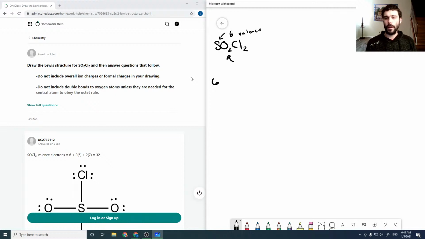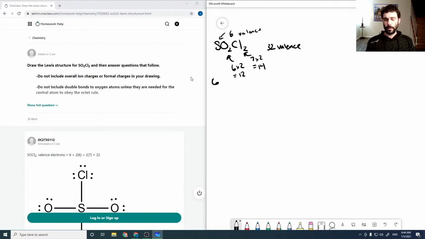Our oxygen has 6 valence times 2 oxygen atoms, so 12. And our chlorine has 7 valence times 2, which is 14. So in total we have 26 plus 6 is 32 valence electrons right now.